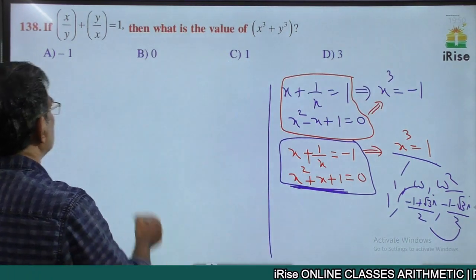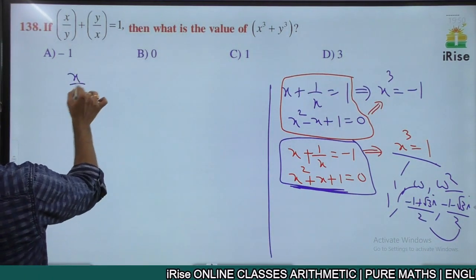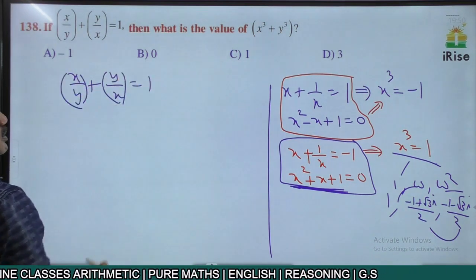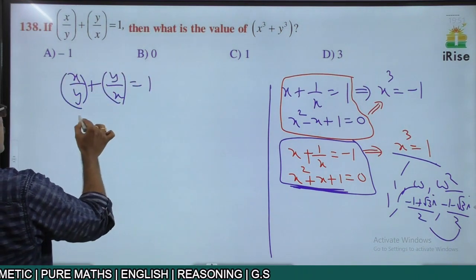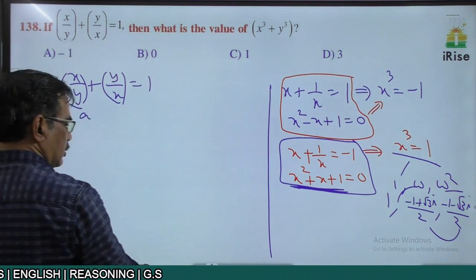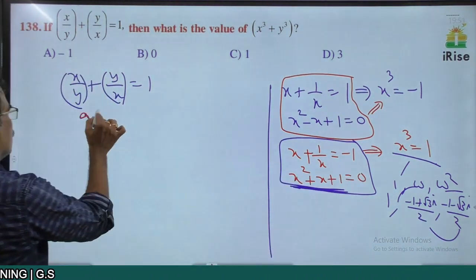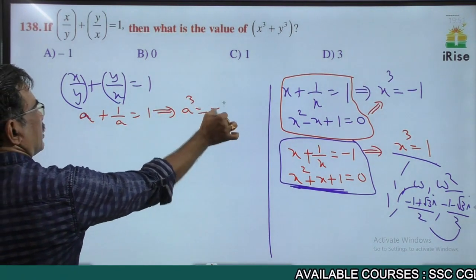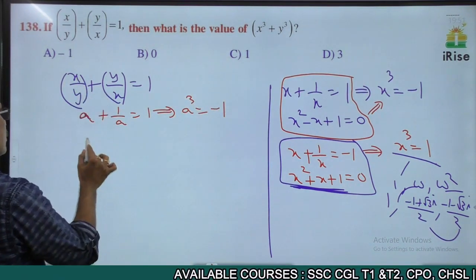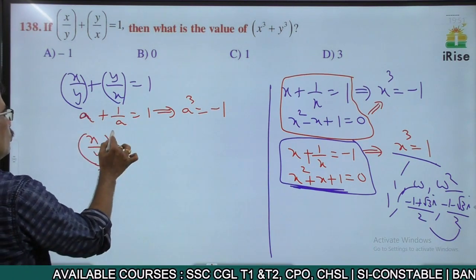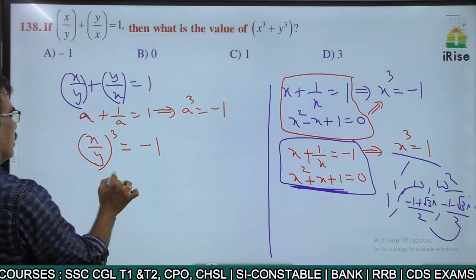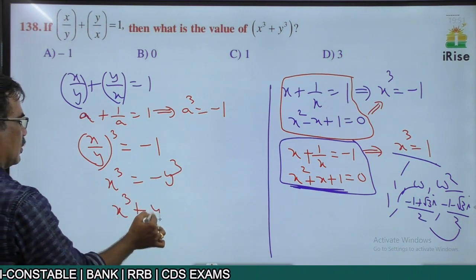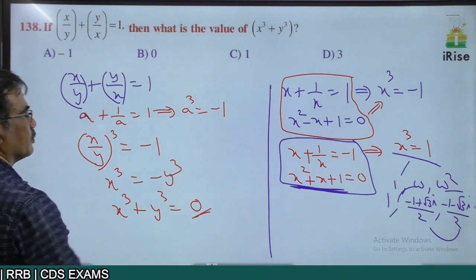See here, if x by y plus y by x is equal to 1, this is in the form of a plus 1 by a is equal to 1, which implies a cube is equal to minus 1, where a is x by y. So x by y whole cube is equal to minus 1, x cube is equal to minus y cube, so x cube plus y cube is equal to 0.